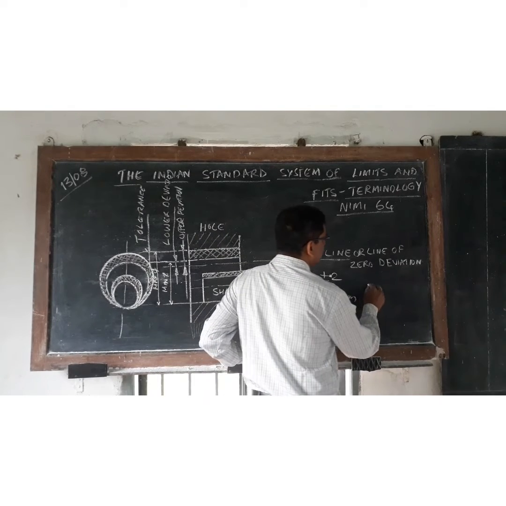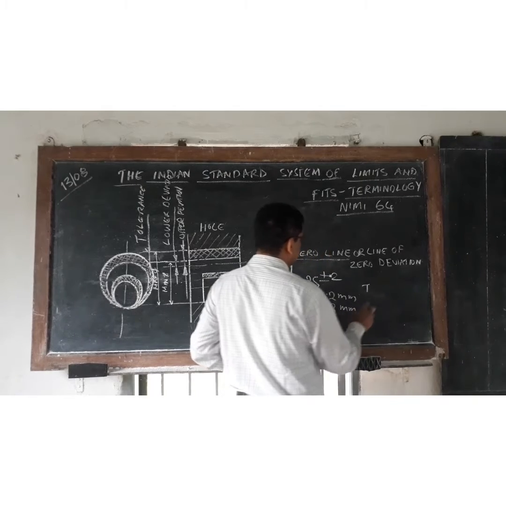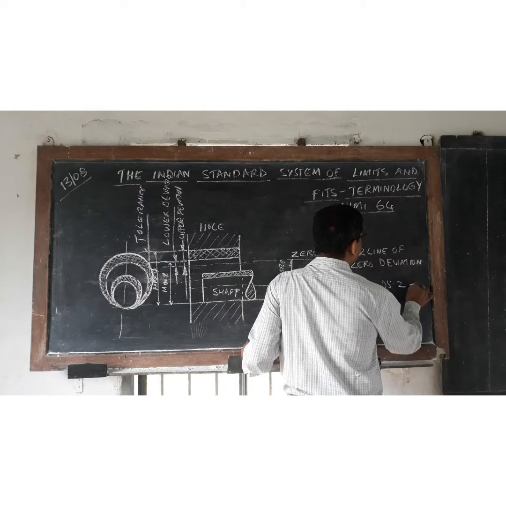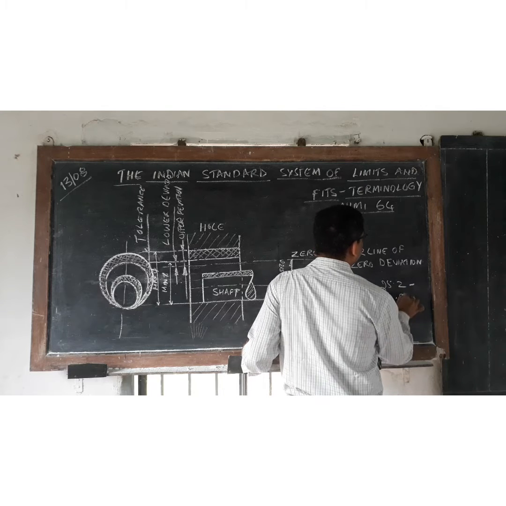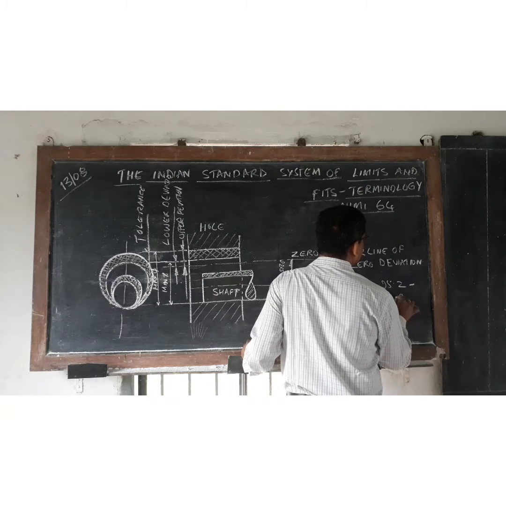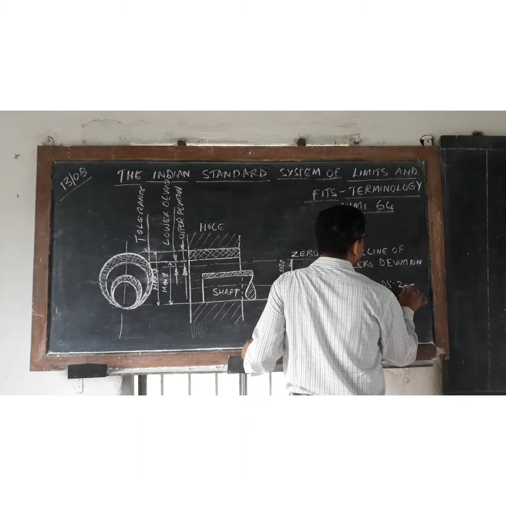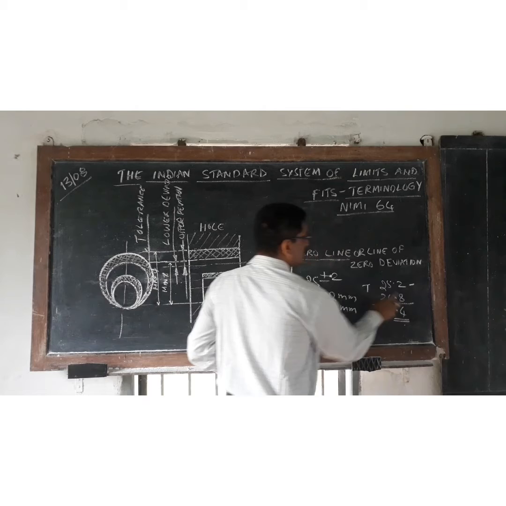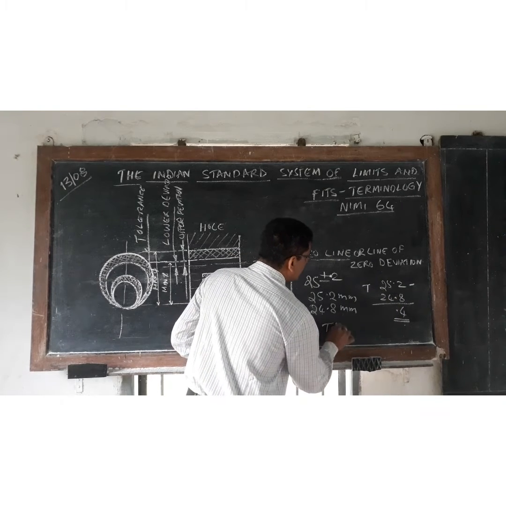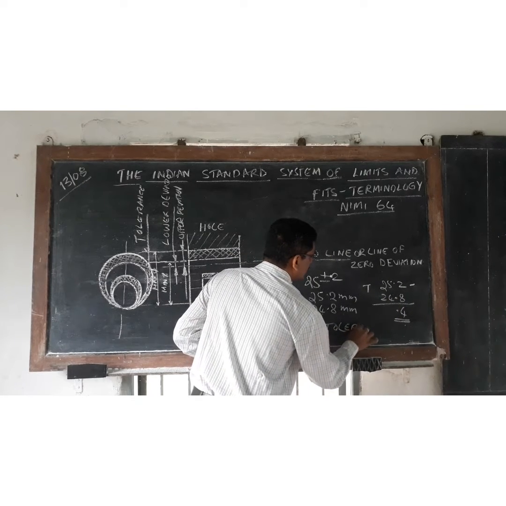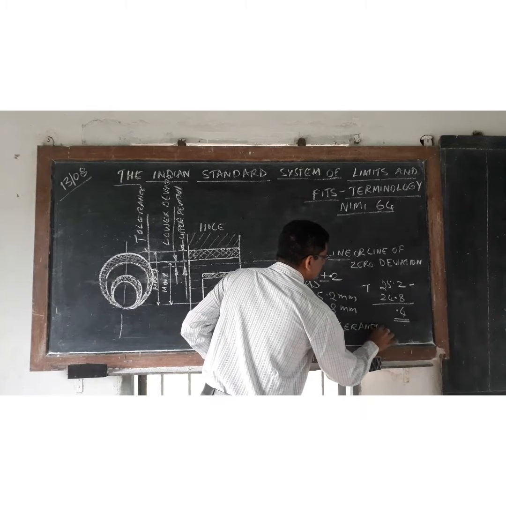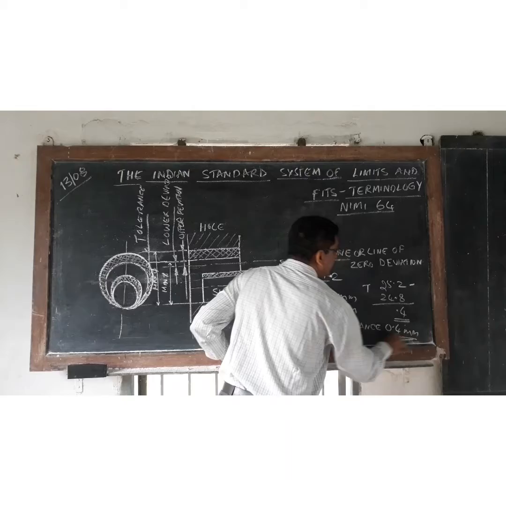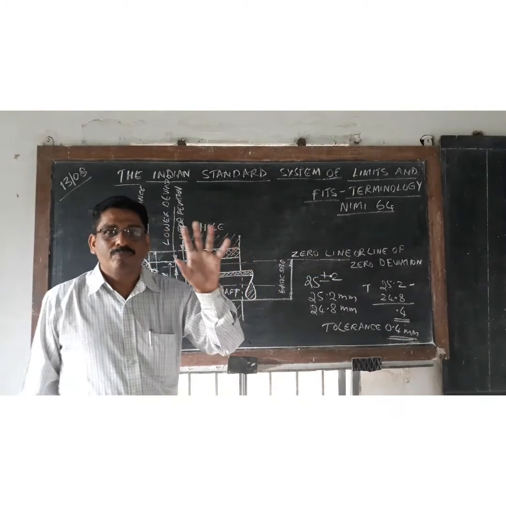So actually tolerance is the difference between 25.2 minus 24.8. So it becomes 0.4. Tolerance is only 0.4.